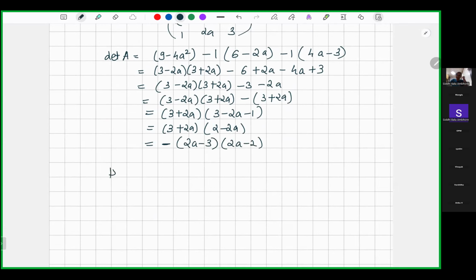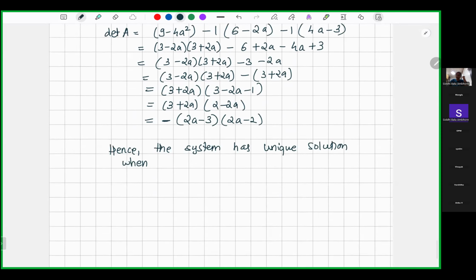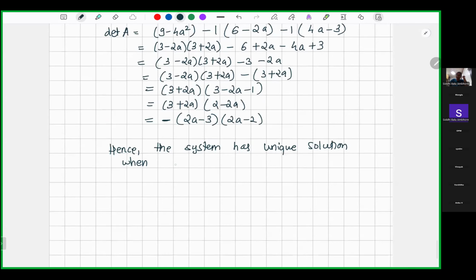Okay, so hence the system has a unique solution when determinant of A is non-zero.